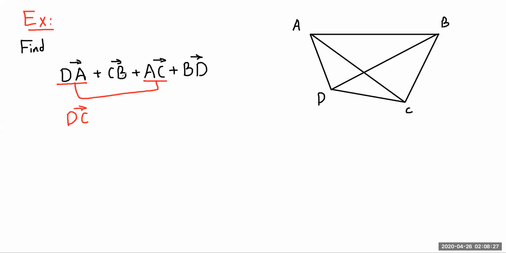If I take now CB plus BD, the addition is CD. So finally, DC plus CD is DD. Vector DD means vector 0. So the final answer is vector 0.